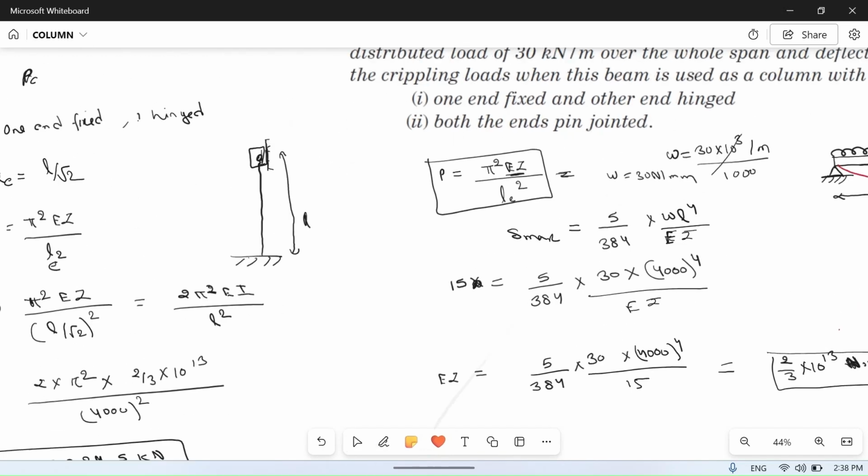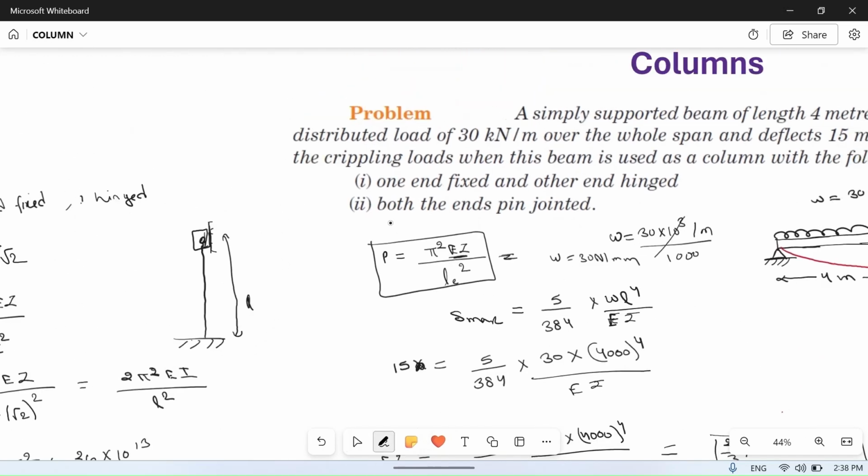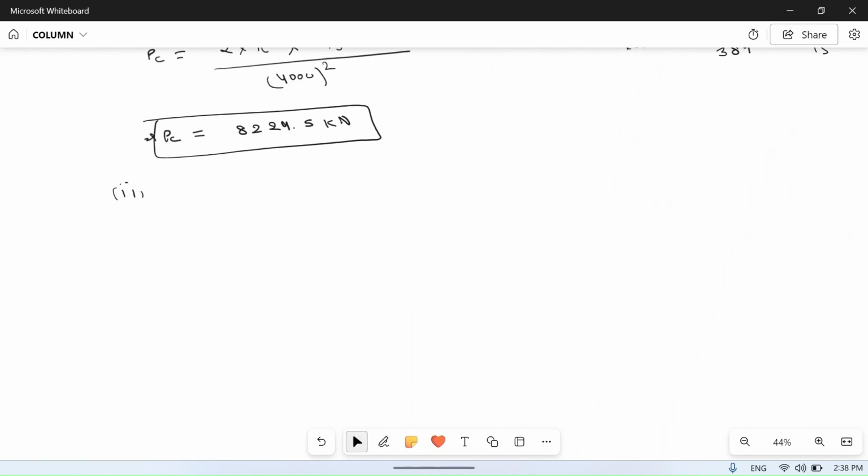Now what is the second case? The second case is when both ends are pin jointed. Then what will be the Euler's formula? P will be pi square EI upon L effective square. In this case, L effective is equal to L, there is no difference, so it will be simply this formula.